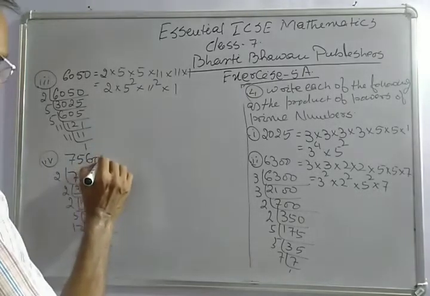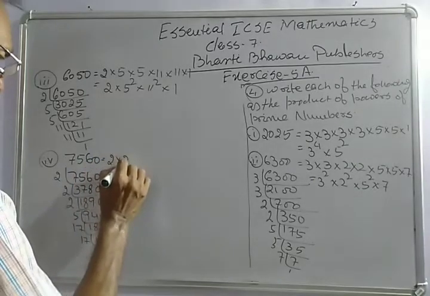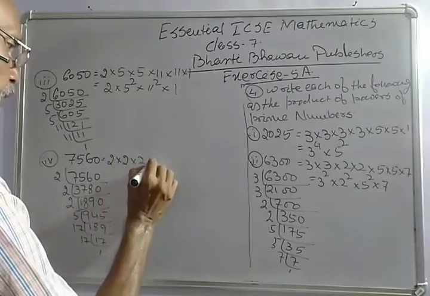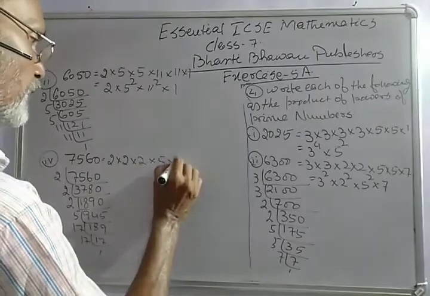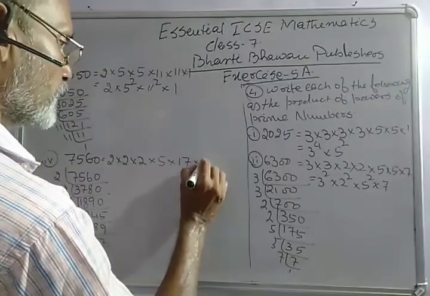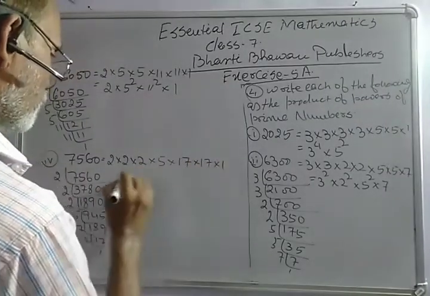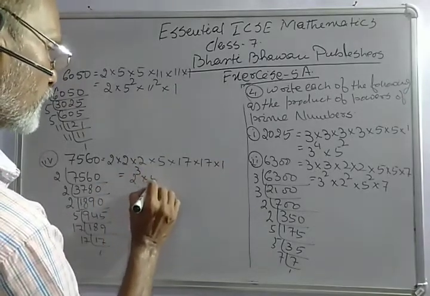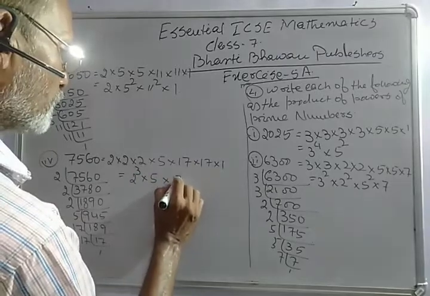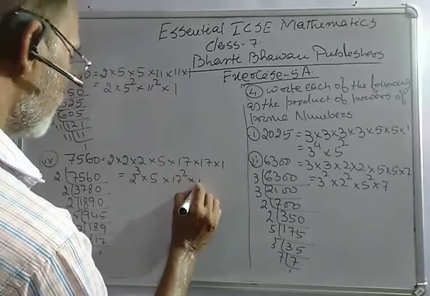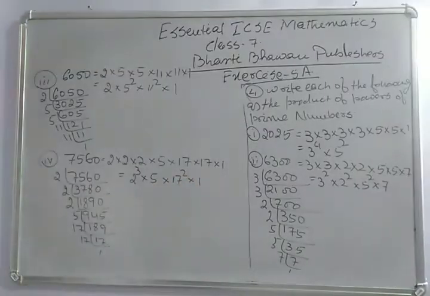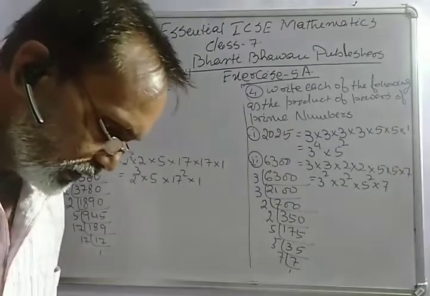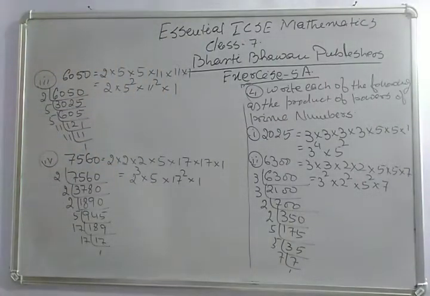So this is equal to 2 into 2 into 2 into 5 into 17 into 17 into 1. So this is equal to 2 to the power 3 into 5 into 17 to the power 2 into 1. With this we complete number 4.